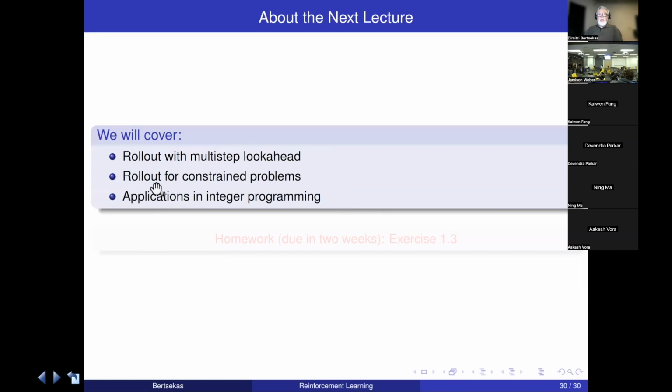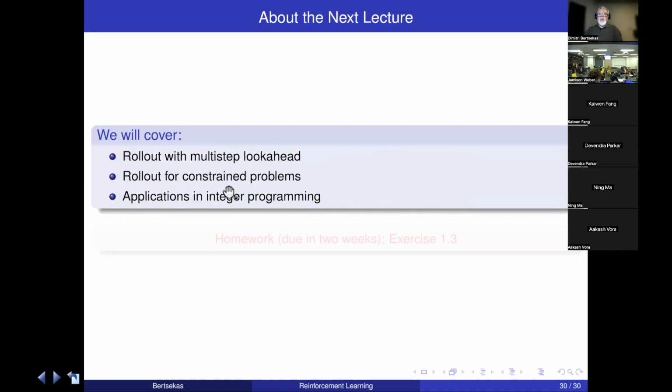Then we're going to look at another class of rollout algorithms that applies to constraint problems, where the constraints are not just instantaneous at the current stage on the control, but rather they involve trajectory constraints. Like, for example, the whole trajectory of states must be within some constraint subset.